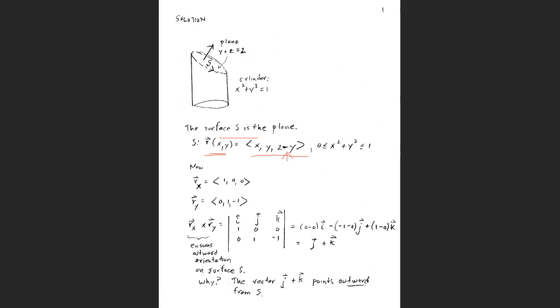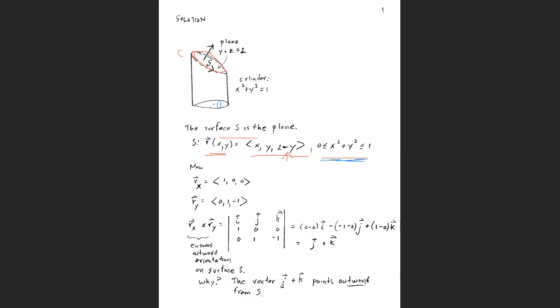And the restriction on x and y is that x squared plus y squared is between 0 and 1. If you were to collapse this curve C into the xy plane, down here, where this is the origin, you'd have a circle. So the restriction is that the coordinates x and y have to fall inside a circle of radius 1 centered at the origin, and that's what you have here.